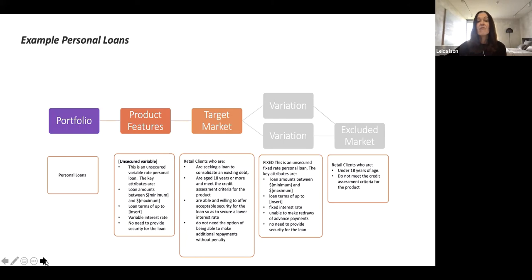So if I'm offering a secured loan or an unsecured loan, are they variations, or indeed, if they're different target markets and customer characteristics, we need to be able to pull out a separate target market determination for those.